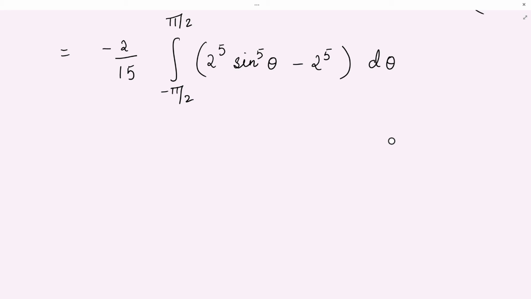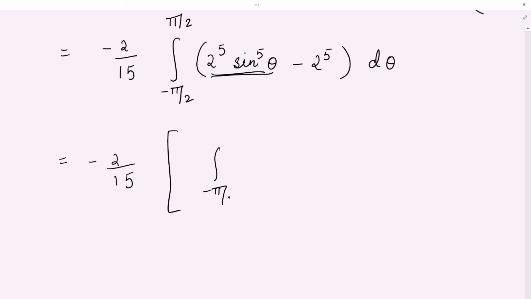Now you need to integrate this. After integration, you know that if it is an odd function, minus a to a will become 0. So clearly this term will become 0. That will be minus 2 by 15.